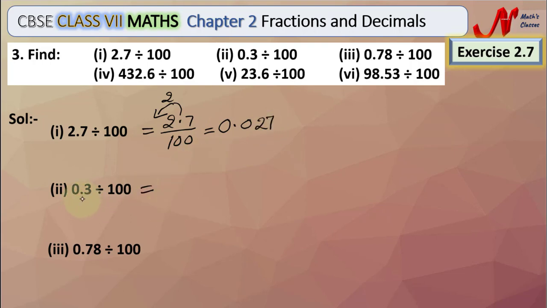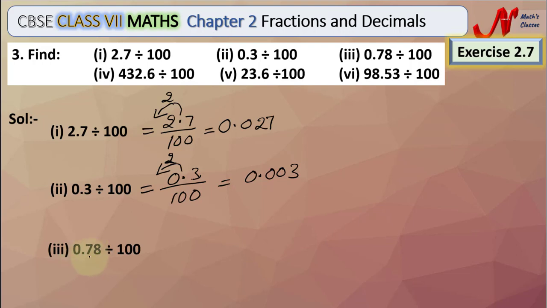Now we find the value of 0.3 divided by 100, which can be written as 0.3 by 100. In the denominator we have 2 zeros, so we shift the decimal point to the left by 2 places. So it can be written as 0.003.